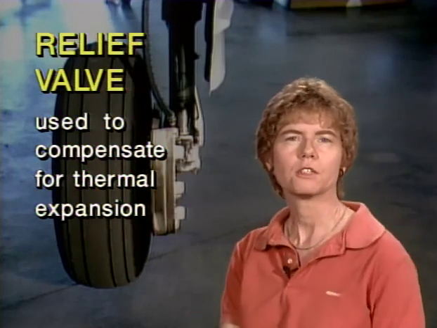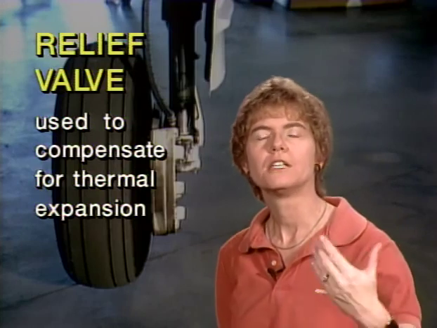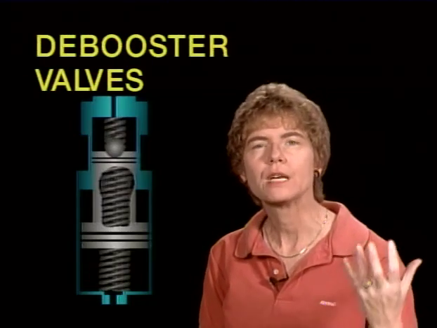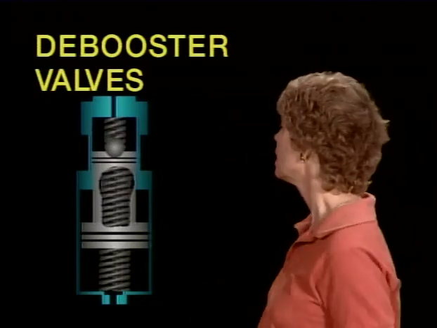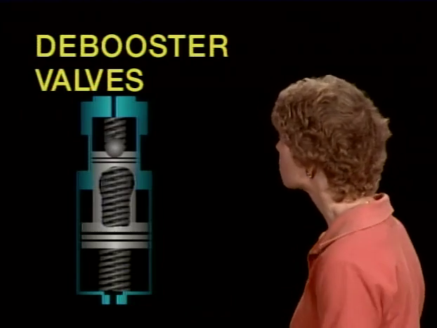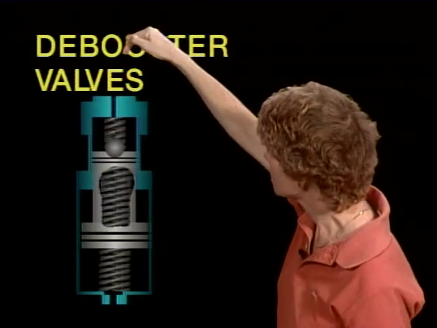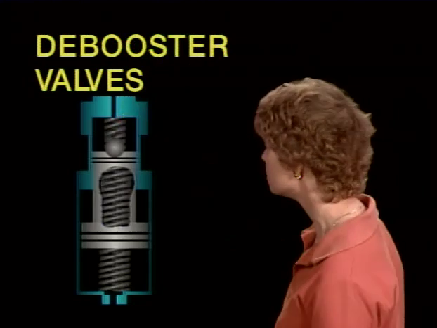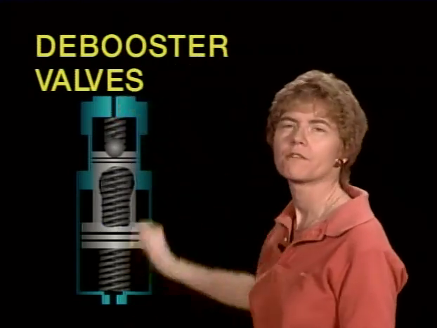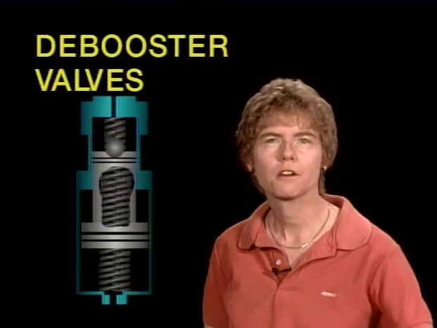Power brake systems will also have debooster cylinders or valves. Debooster cylinders or valves are used to reduce the pressure to the brake. Here's the way that debooster valve works. You've got hydraulic pressure coming in the top of this debooster valve, and its aircraft pressure could be 1,500 psi.